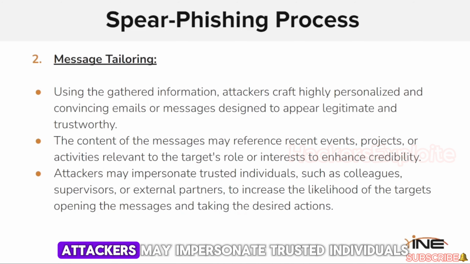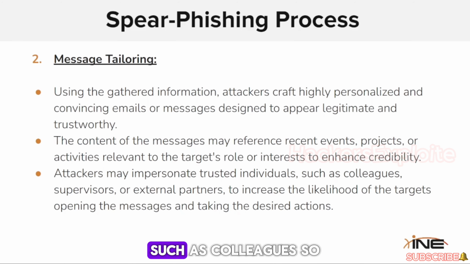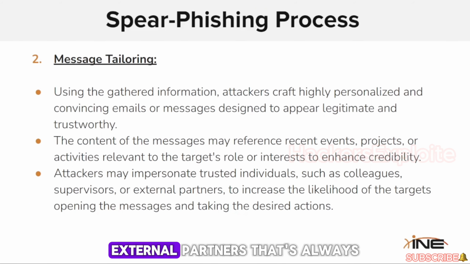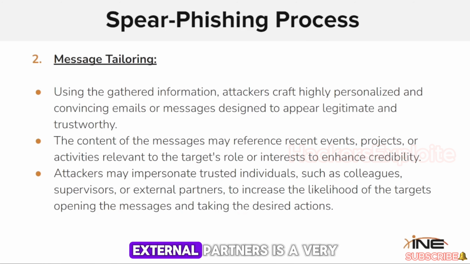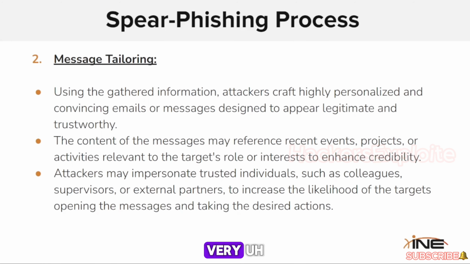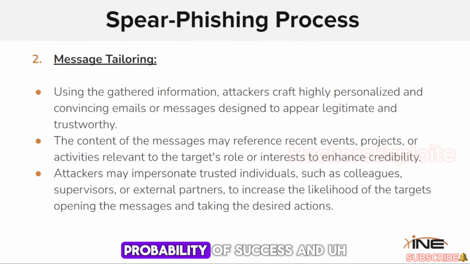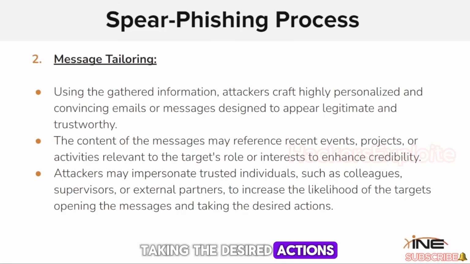And of course, attackers may impersonate trusted individuals such as colleagues, so you may want to do that, although that is quite risky. But supervisors, external partners, that's always a good one. External partners is one that, in my experience, has had a very high probability of success. And this increases the likelihood of the targets opening the messages and taking the desired actions.